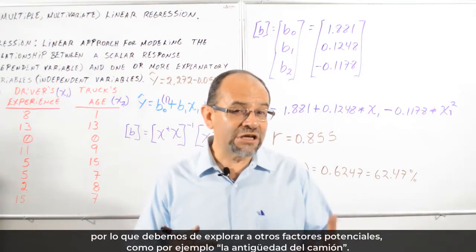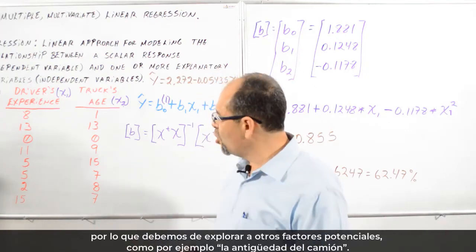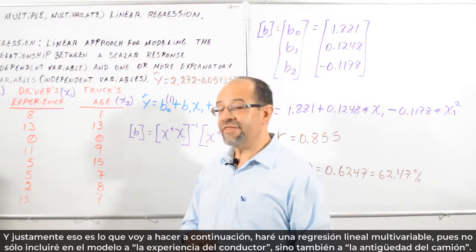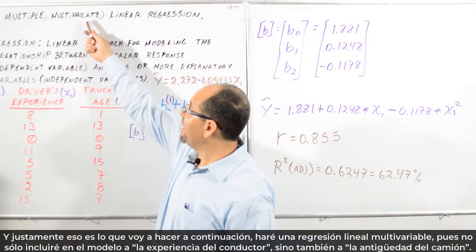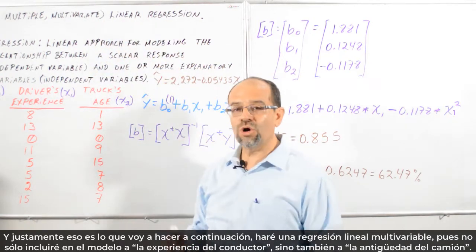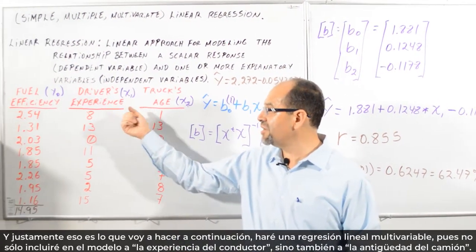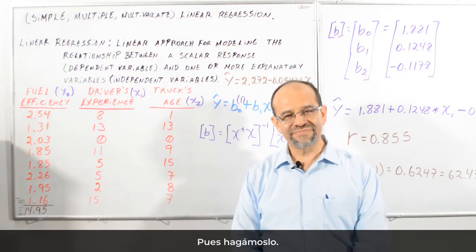So we need to explore some other potential factors, and perhaps the other factor is the truck's age. And that's what I will be doing now. I will be doing multivariate linear regression, because I will include in the model not just the driver's experience, but the truck's age. Let's do that.